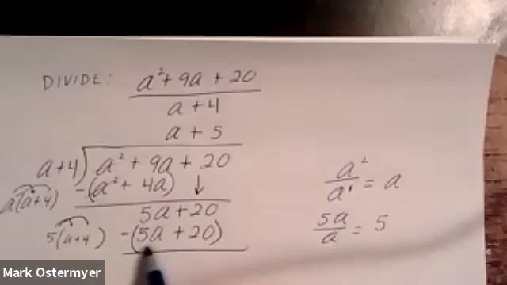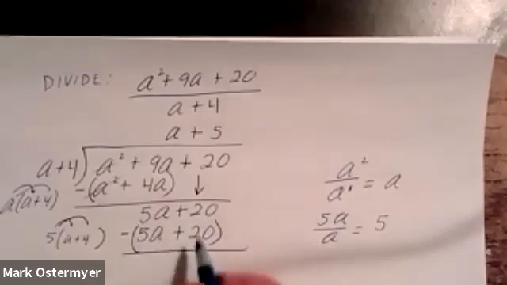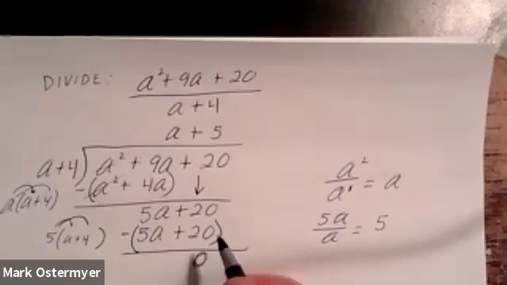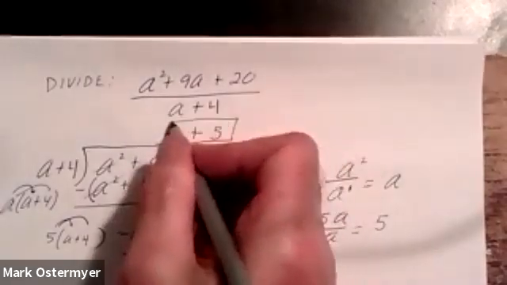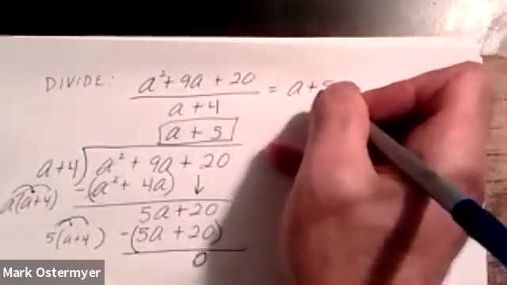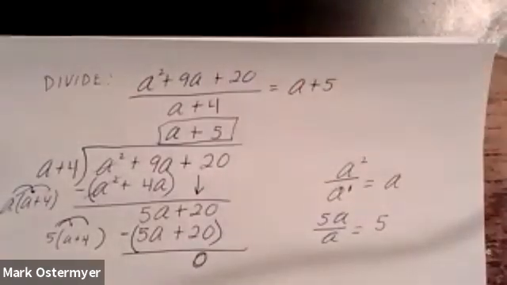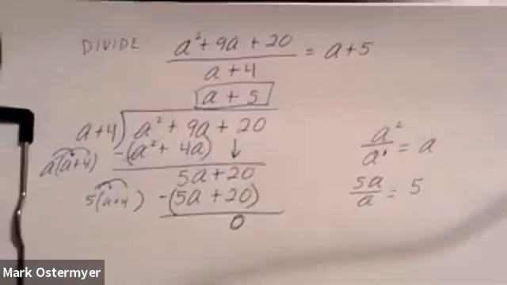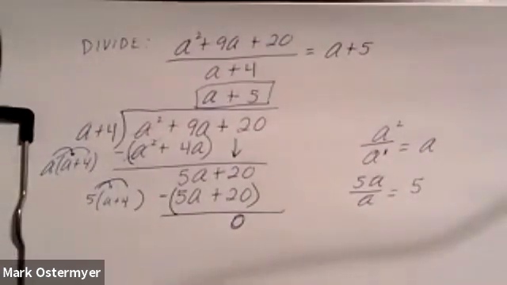Again, make sure you enclose this inside parentheses. 5a minus itself is 0. 20 minus itself is 0. Again, we get a 0 remainder. Ladies and gentlemen, this is your answer, a plus 5. So that's your quotient. Questions on how we're dividing so far, a polynomial by a binomial using long polynomial division?